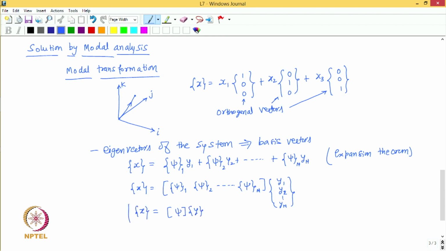This is the compact representation of the modal transformation, where the displacement vector of order n by 1 is transformed to a new vector y through the eigenvector matrix psi, which is of order n by n.